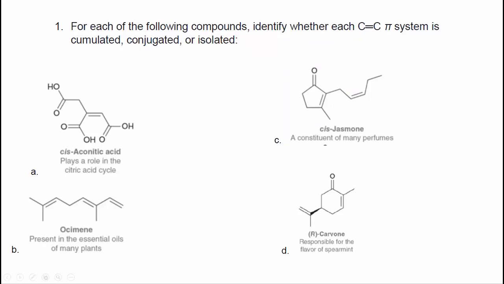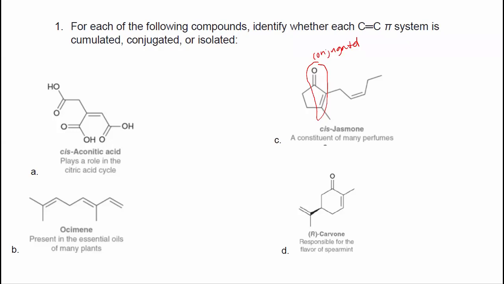That carbonyl to the carbon double bond is conjugated. All right, so this one is conjugated, and that other one was isolated. All right, what do you see for the R-carvone, which is our spearmint flavoring?